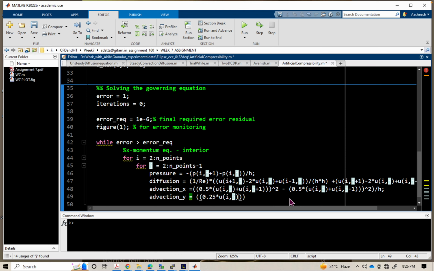This is the reason I wanted to complete it that day. It's getting a bit complicated, but you have to do it. This is the UV term.